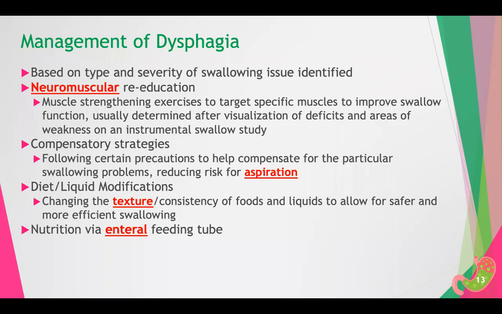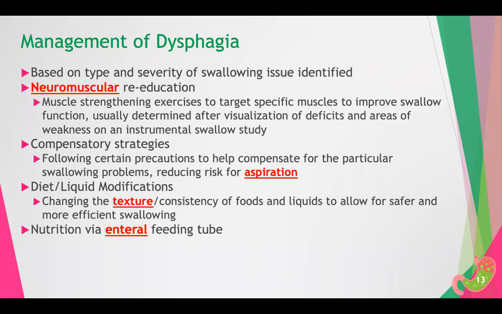So that's one of the most important things to remember. There's also compensatory strategies where they do certain precautions to help compensate for particular swallowing issues, reducing the risk for aspiration. So they might eat and drink in certain positions to decrease the choking and aspiration.